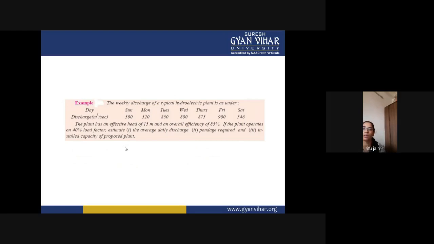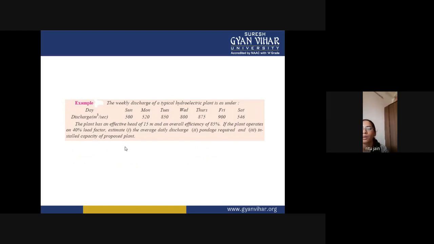The power plant has an effective head of 15 meter and an overall efficiency of 85%, and the plant operates on 40% load factor.